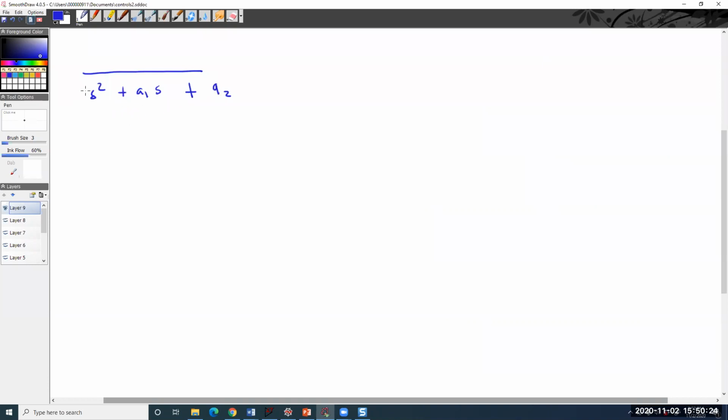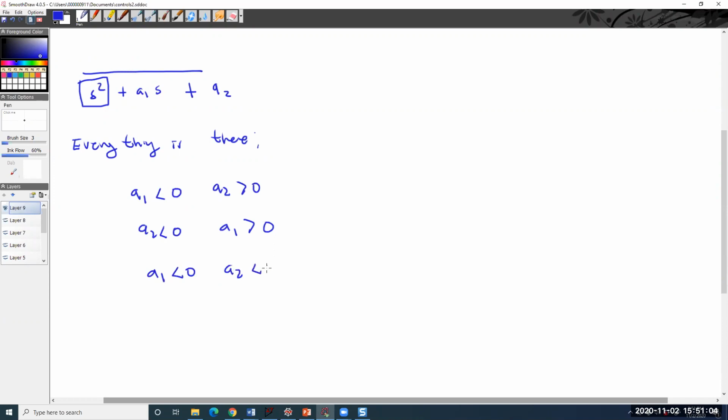So what are the possible problems? S squared can't be missing. Otherwise, it's not a second order system. So what are the possible ways, you know, everything is there cases: A1 less than 0, A2 greater than 0; A2 less than 0, A1 greater than 0; and then A1 and A2 are both less than 0.